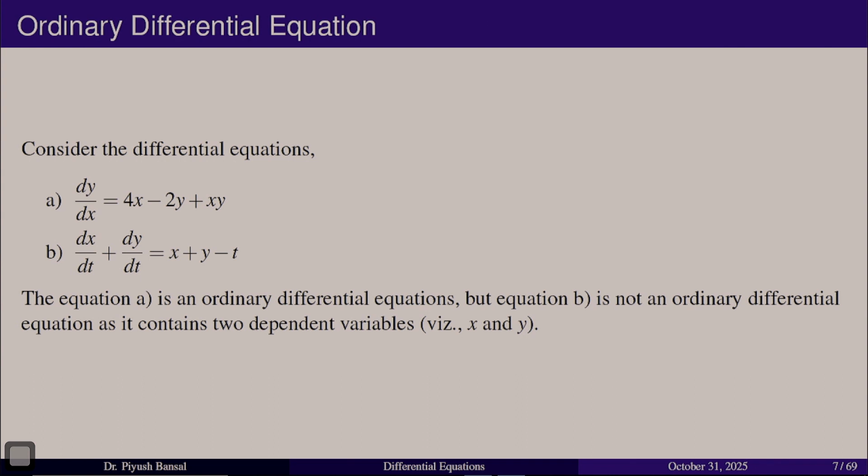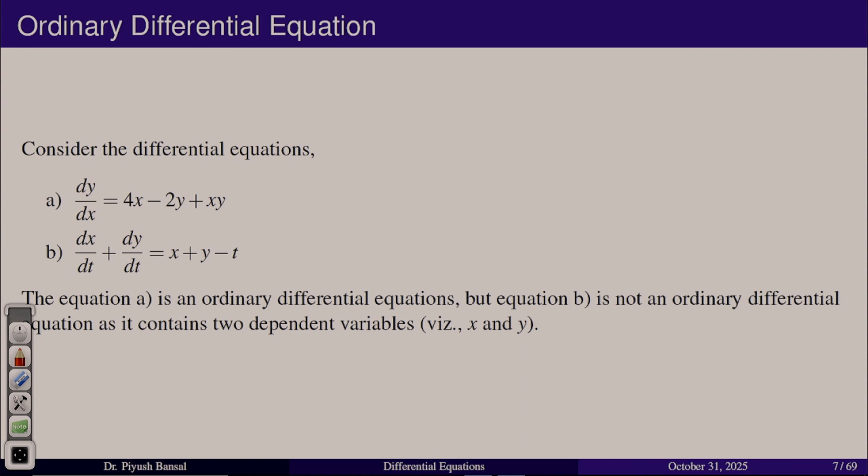In the second equation, we can see dx by dt plus dy by dt equals x plus y minus t. Here x and y are two dependent variables, t is the independent variable. By the definition, an ordinary differential equation should contain only one dependent variable and one independent variable.